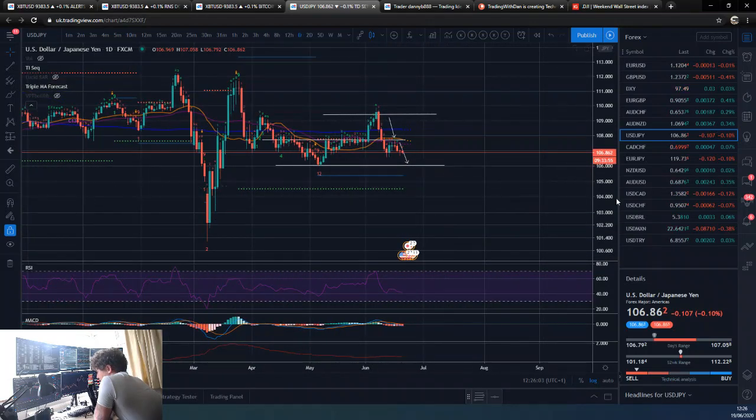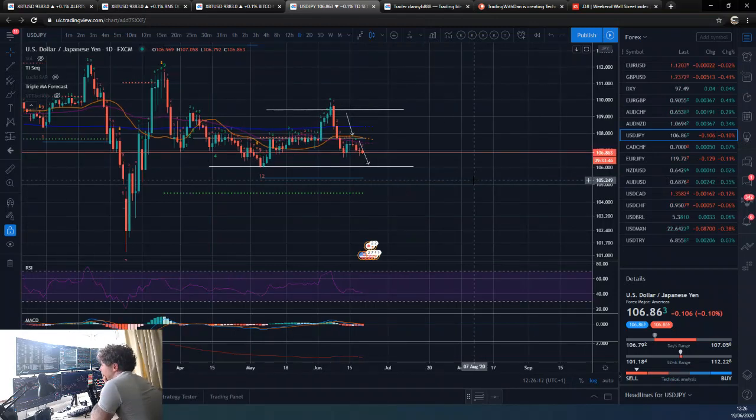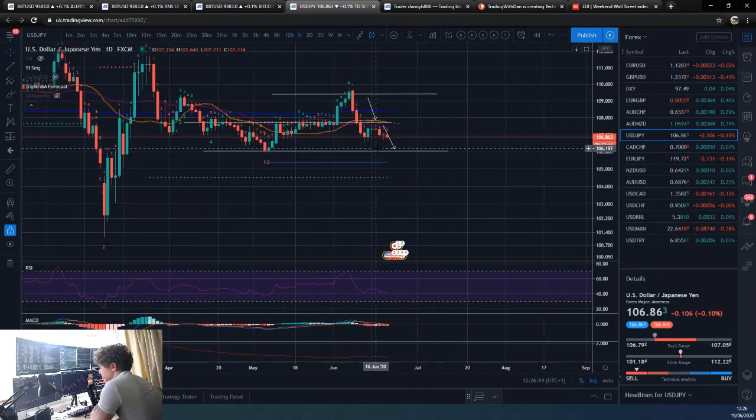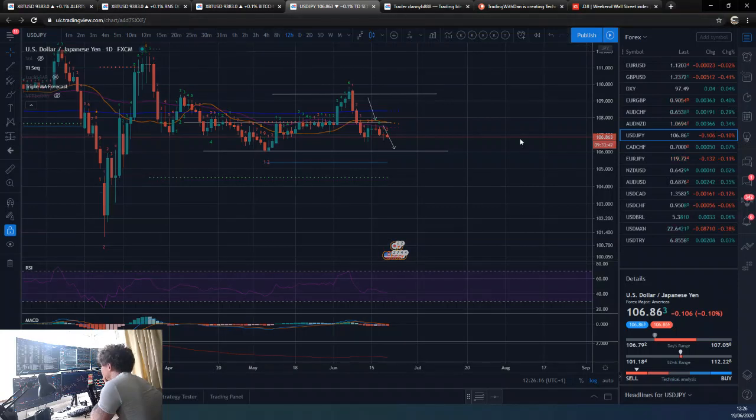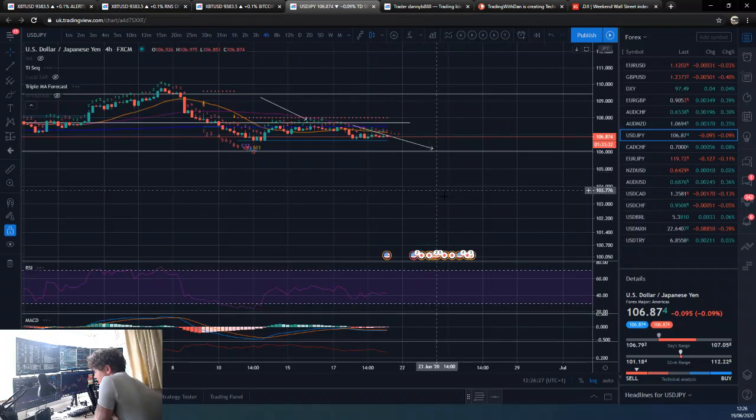I'm not really putting any fundamental thought into even the pairing. This is literally just from looking at the chart. But yeah, so that's kind of what I would expect here. Nothing TD wise on the daily. Nothing TD, well, I can tell you now, there's nothing TD wise on the 12-hour. Obviously we've got a great 9 there and nearly a 9 here, on the 4-hour.